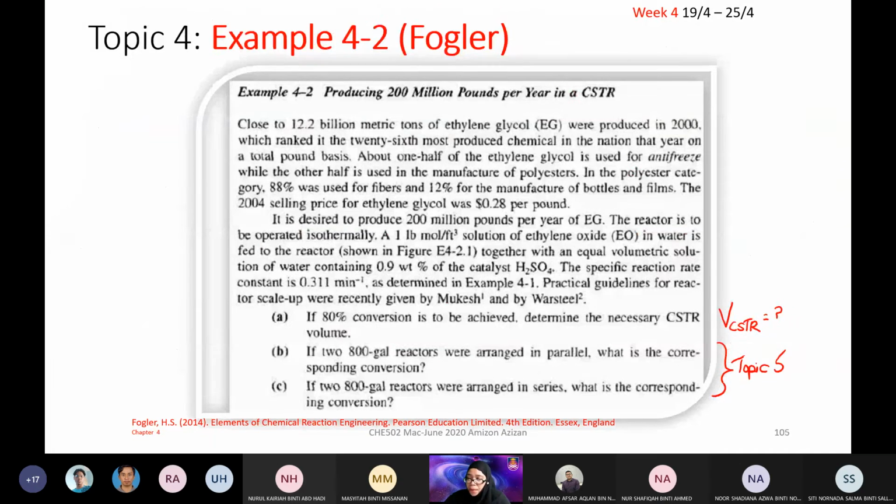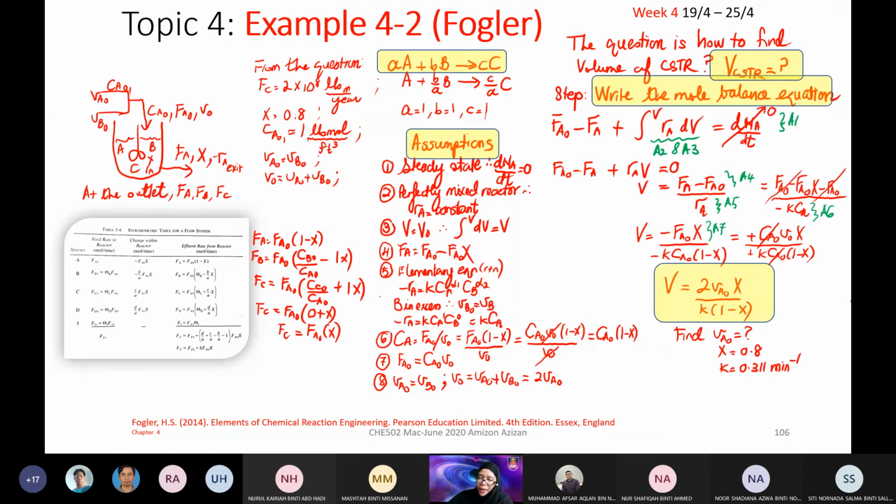If you, with the same X and the same FA naught, I guess so, must be in the question, find the volume of the CSTR. Then you also find the volume for the two parallel. So that is a different topic, yeah? Different topic. We have not reached this topic yet.